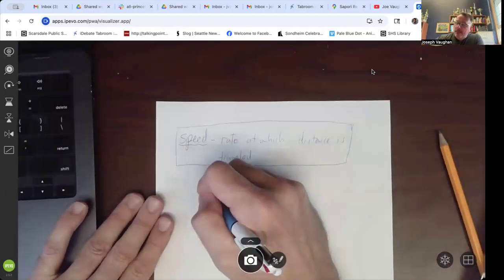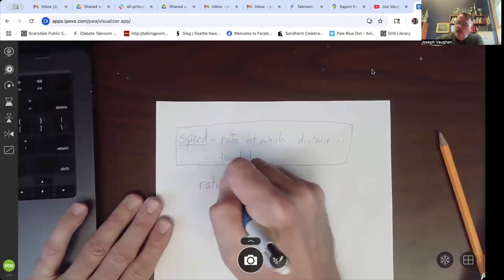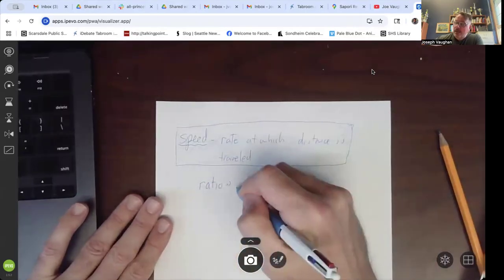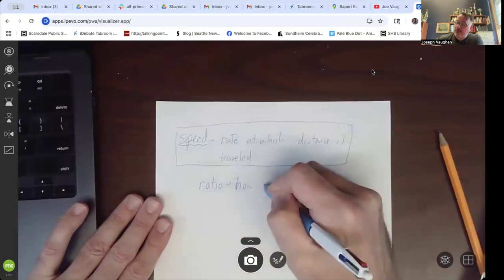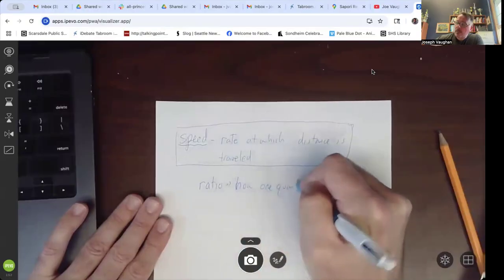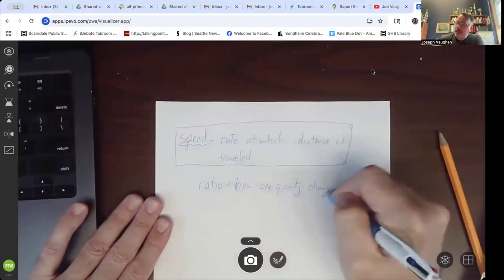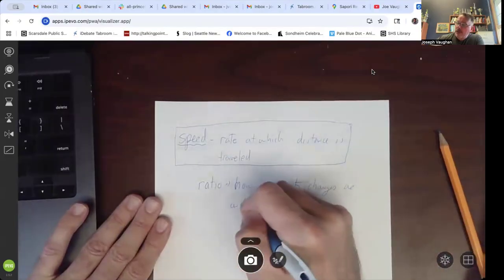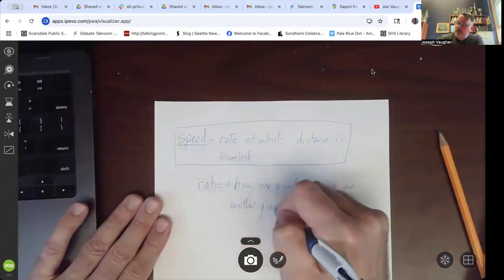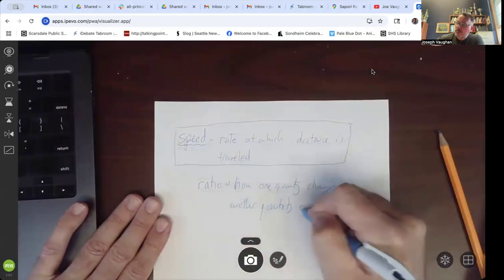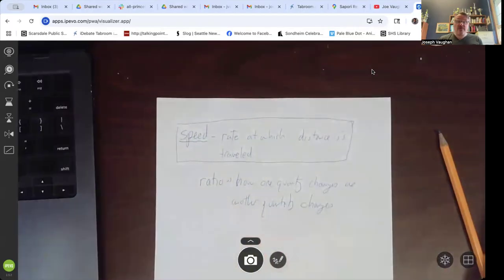Now, let me maybe give you those two other vocabulary words. Ratio is how one quantity changes as another quantity changes, right? So if I talk about, like, at the supermarket for $1, I can get 4 apples. That's a ratio, $1 per 4 apples, right?